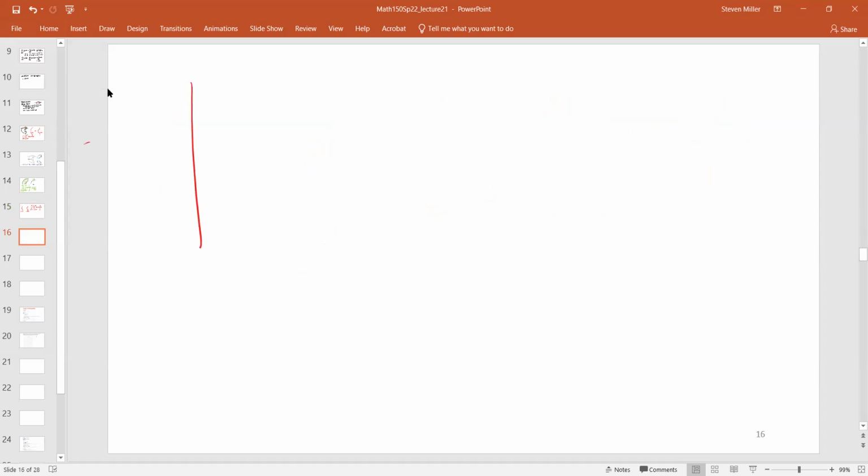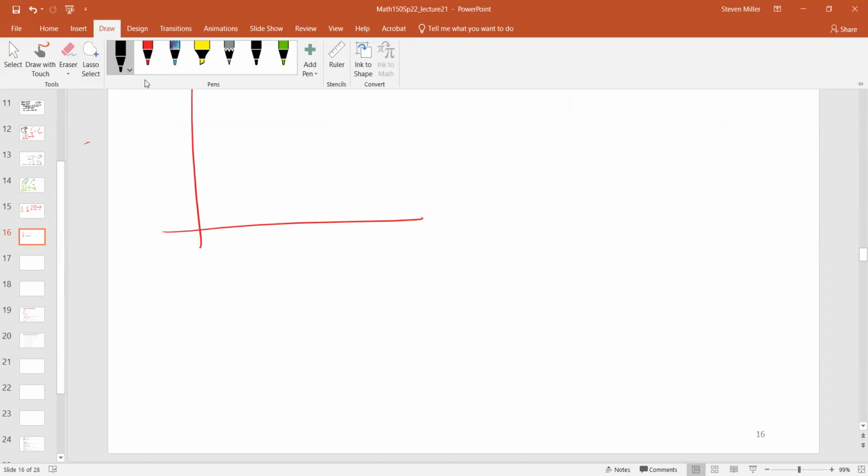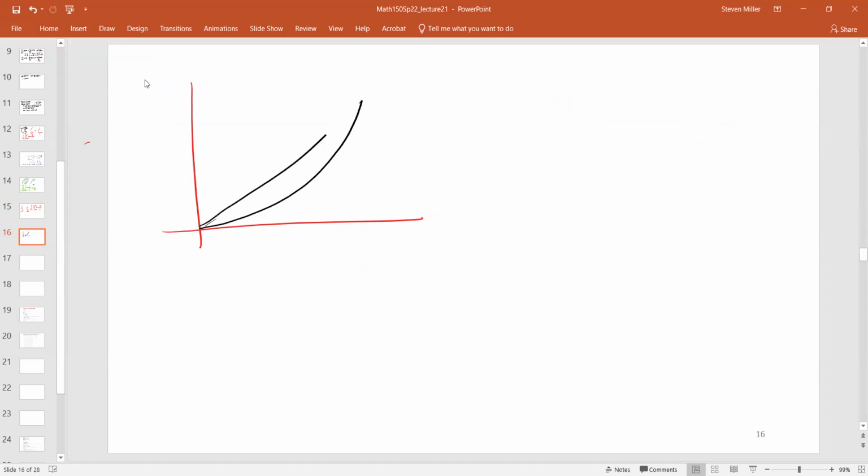So let's try to do a problem. Let's say I give you some function. Let's say I have the curves y equals x squared and y equals x cubed from 0 to 1. So which do you think is the top curve? Which do you think is the bottom curve?